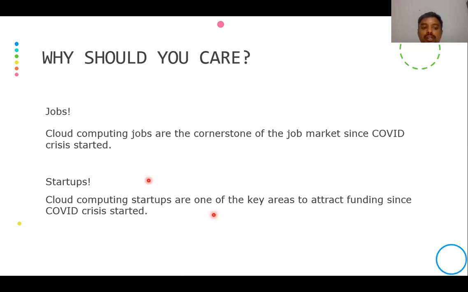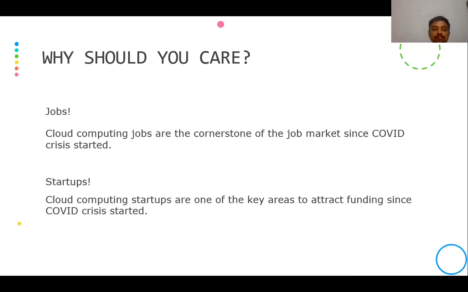Cloud computing startups are one of the key areas which have continued to attract funding since the COVID crisis started. The areas of these startups include cloud security, data science, artificial intelligence, location services, pattern recognition systems, design software, to name a few.